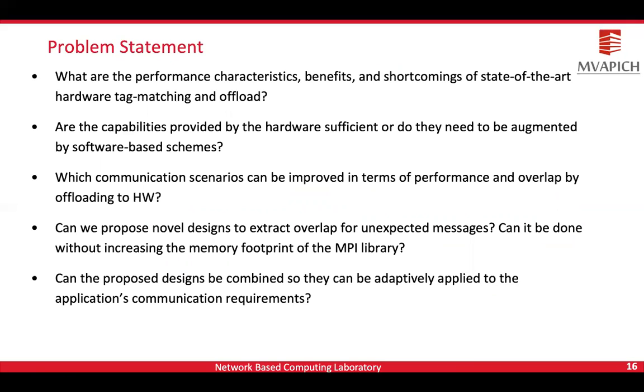Are the capabilities provided by hardware sufficient, or do they need to be augmented by software schemes? Which communication scenarios can be improved in terms of performance and overlap by offloading to hardware? Can we propose novel designs to extract overlap for unexpected messages? Can it be done without increasing the footprint of the MPI library? And lastly, can the proposed designs be combined so that they can be adaptively applied to the application's communication requirements?